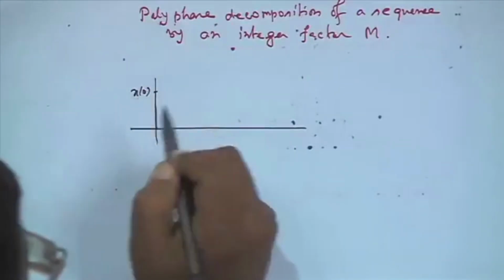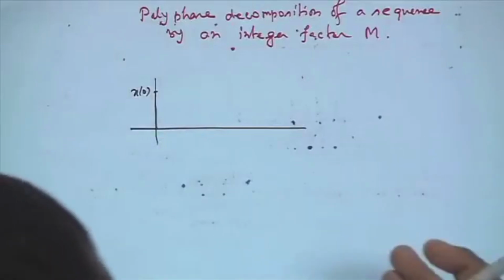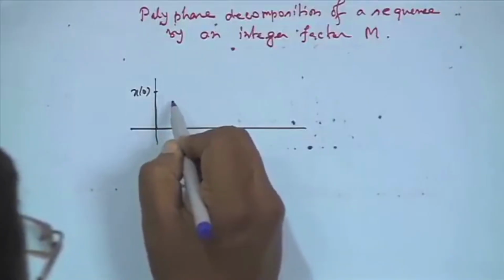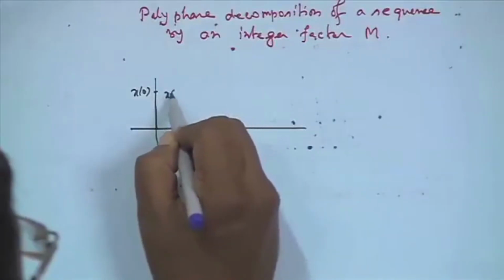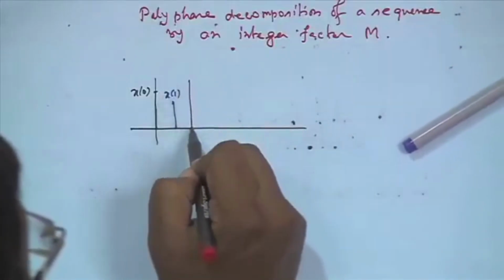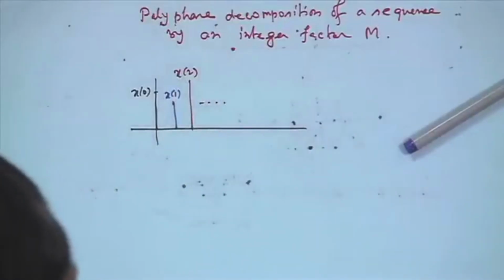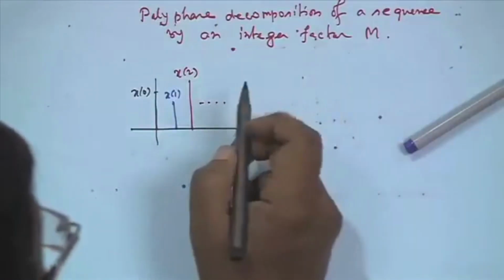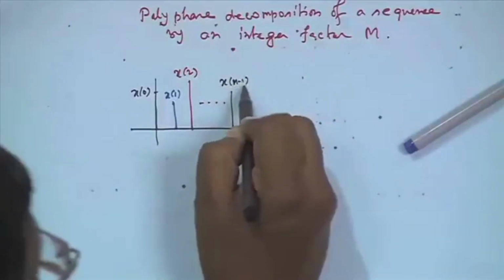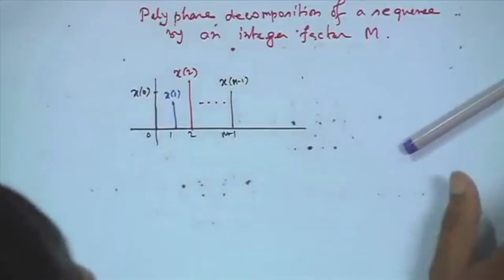I have x 0, then x 1, dot dot dot, x m minus 1. So, 0th, first, second up to m minus 1.